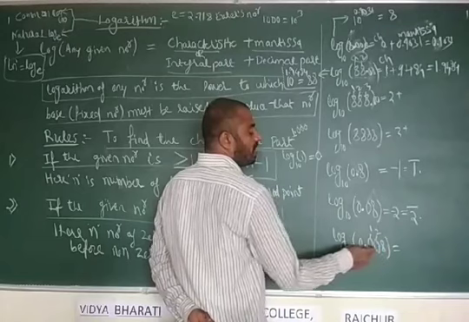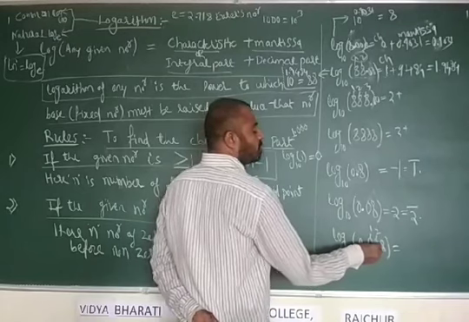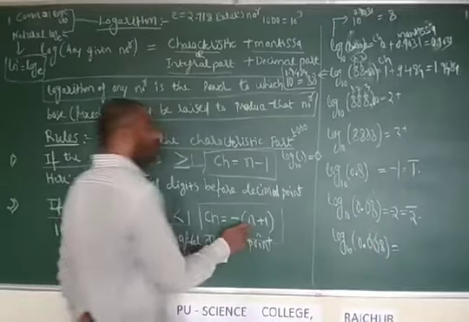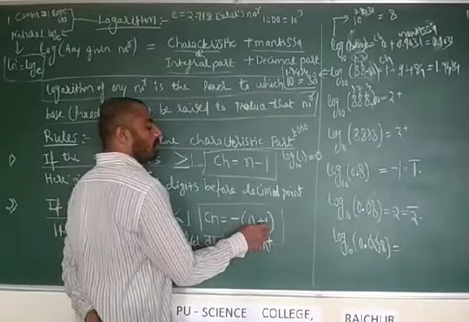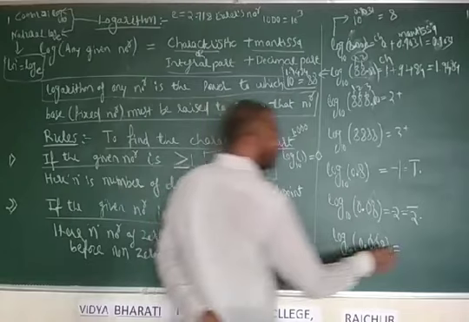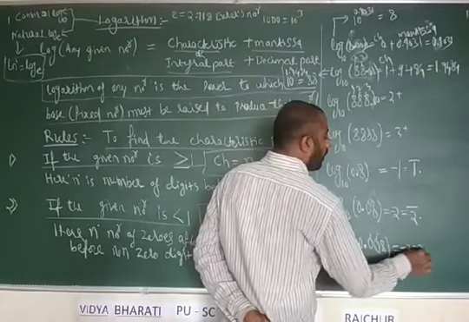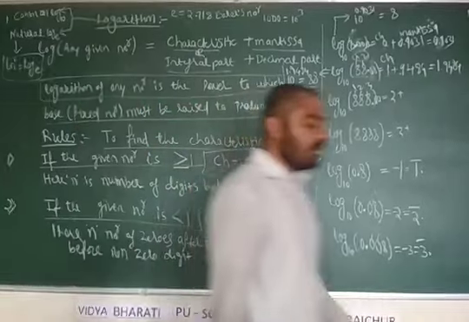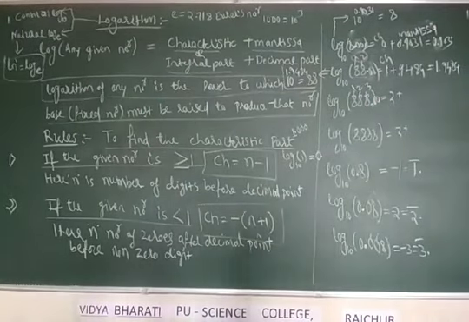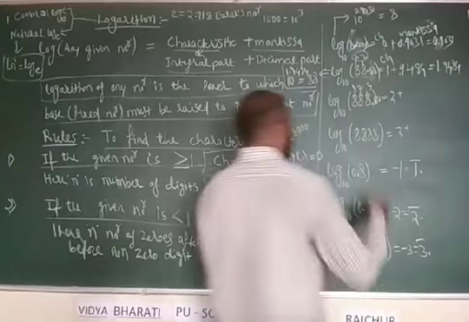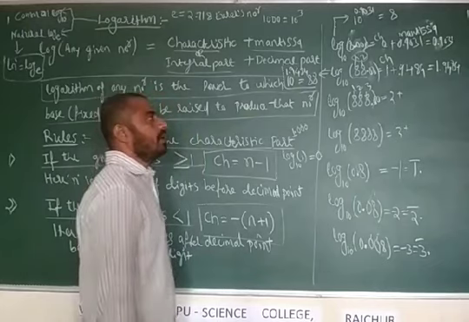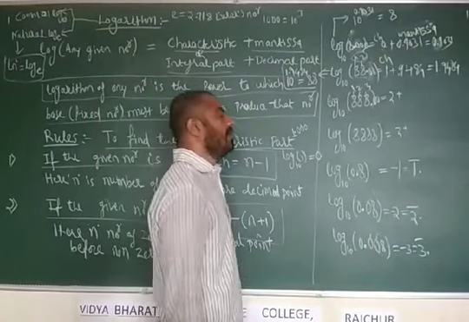Before this 8, after this decimal point, how many zeros? There are 2 zeros. Then n is equal to 2. 2 plus 1 is 3. Minus of 3, or bar 3. Bar 3 is the characteristic of 0.008.